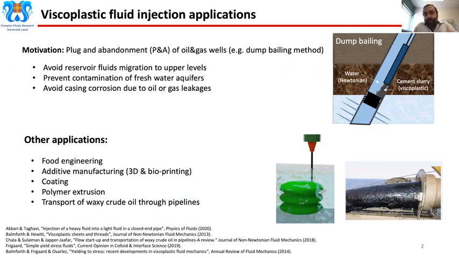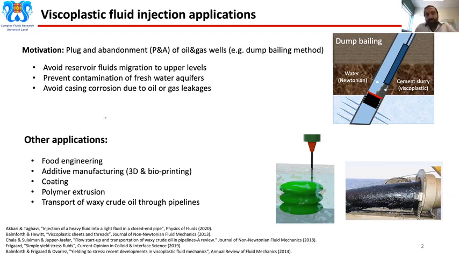In this process, the cement slurry, as a viscoplastic fluid, is injected into water as a Newtonian fluid, and it sits on a bridge plug here. This process is done to avoid reservoir fluid migration to upper levels, prevent contamination of freshwater aquifers, and avoid casing corrosion due to oil and gas leakage.